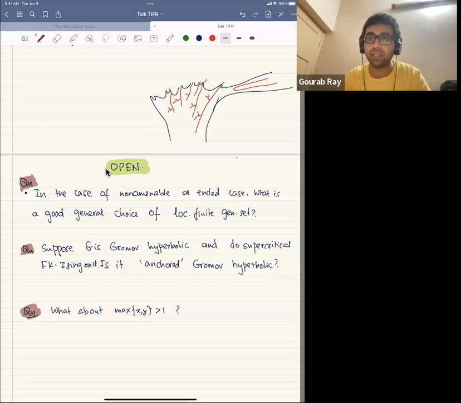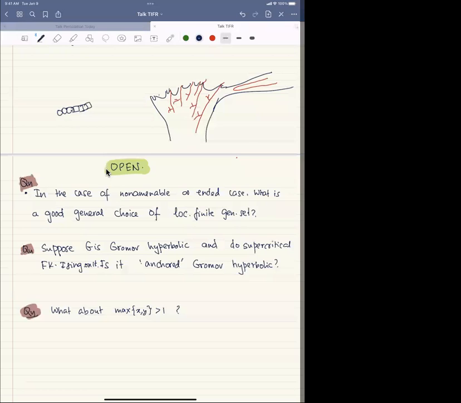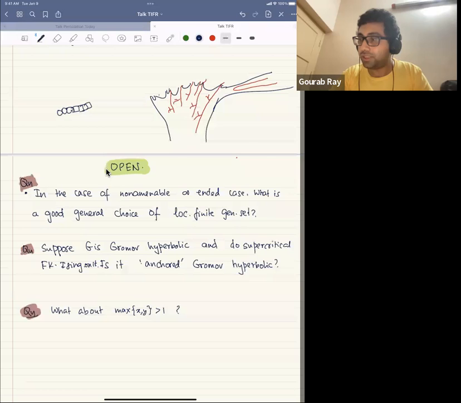So this bi-infinite path might be generated by finite cycles. Imagine having something like this. But if you have a bi-infinite path going through different ends, then it's not going to be generated in the free space.